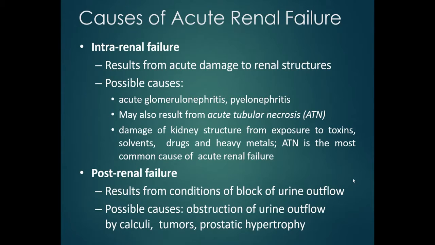The main causes are acute glomerulonephritis or pyelonephritis, or acute tubular necrosis, or damage to the kidney structure from toxins, solvents, drugs, or heavy metals. Acute tubular necrosis is the main cause of acute renal failure.